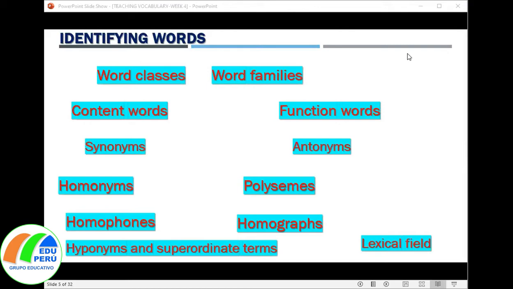Homonyms, same writing, different meaning. Homonyms have the same form, the same writing, and different meanings.